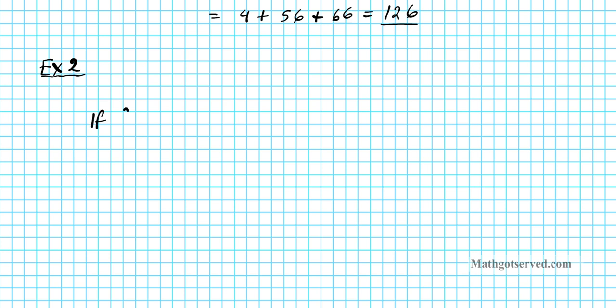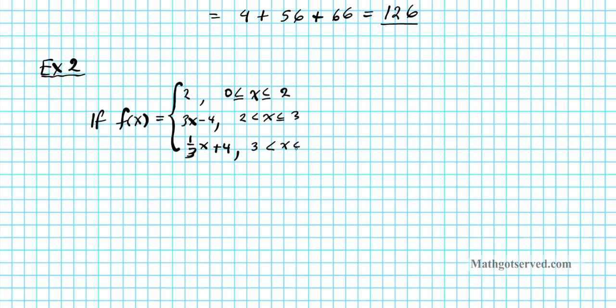If f of x is a piecewise defined function given by 2 when x is between 0 and 2, and 3x minus 4 when x is between 2 and 3, and then 1/3 x, let's do it properly, 1/3 x plus 4 when x goes from 3 all the way to 6.